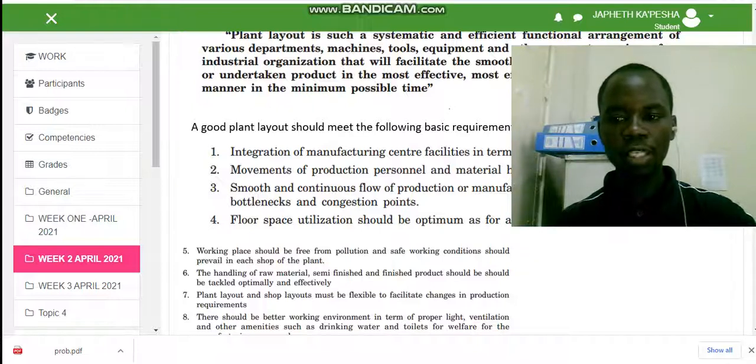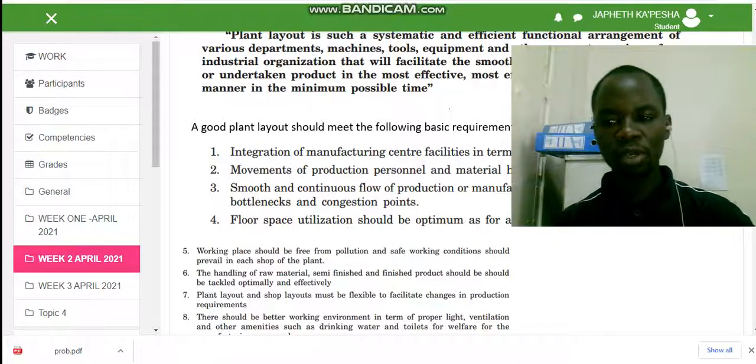So you don't want a plant layout whereby you mixed the finished product with raw materials, or you mixed the semi-finished products with the finished product. That's a poor layout. So you want a layout which is well organized, so that you know that after the raw material, it goes to semi-finished products. After semi-finished products, it ends with finished products.